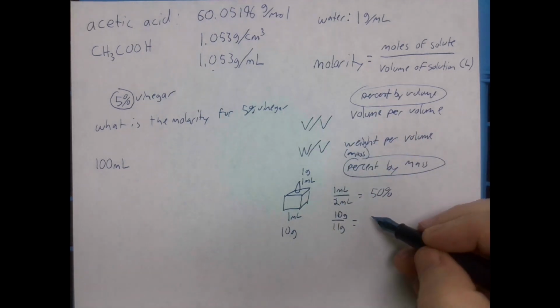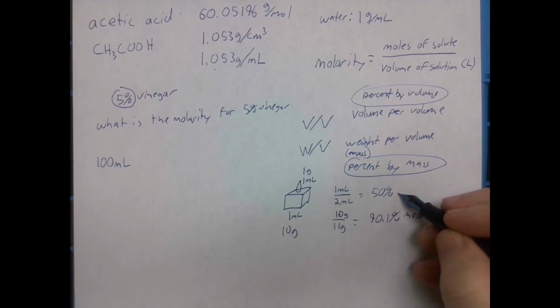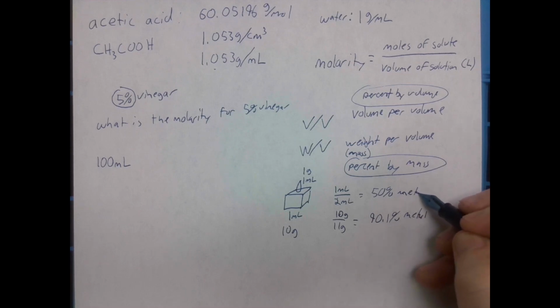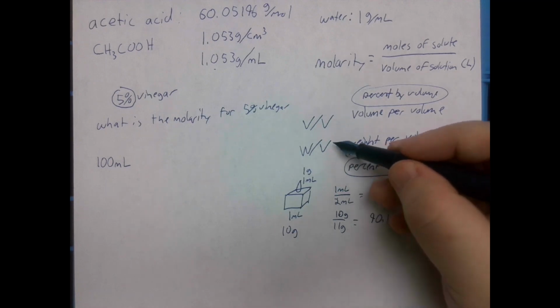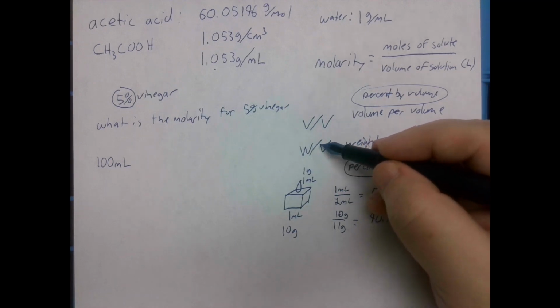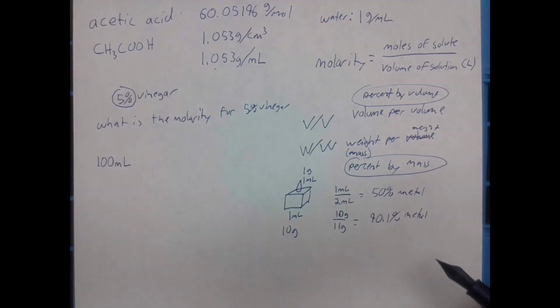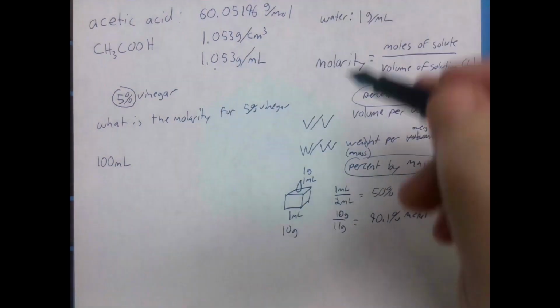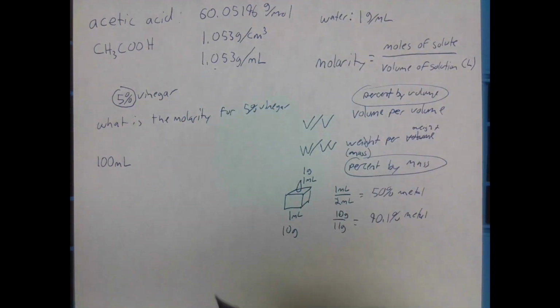Anyway, you get over 90.1% metal. My point, regardless, is to show you that whether you do by mass or by volume, I think this has to be weight per weight. But I've seen weight per volume ratio, and I'm confused on that. This should be weight per weight for concentration. But my point is just to show you that these numbers can be drastically different. But in this case, it doesn't matter, as the density is the same for both of them.